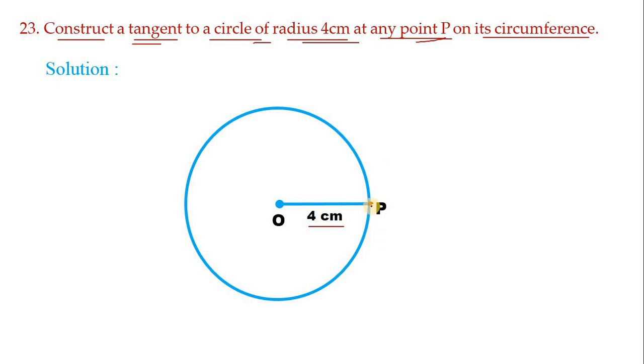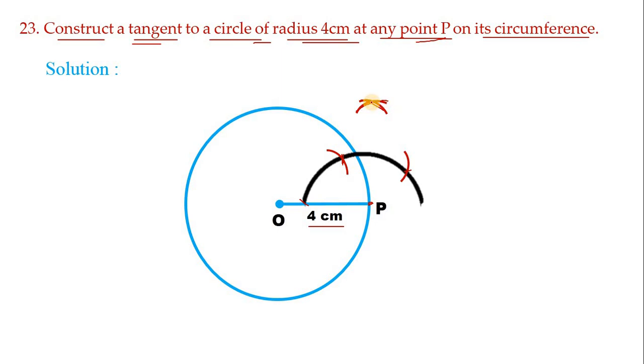Now to this point we have to draw the tangent. For that, take less than half of OP radius, draw a semicircle, and with this as center, cut an arc, and again with this as center, cut another arc. Now with this as center, cut another arc towards the top, and with this as center, cut another arc.